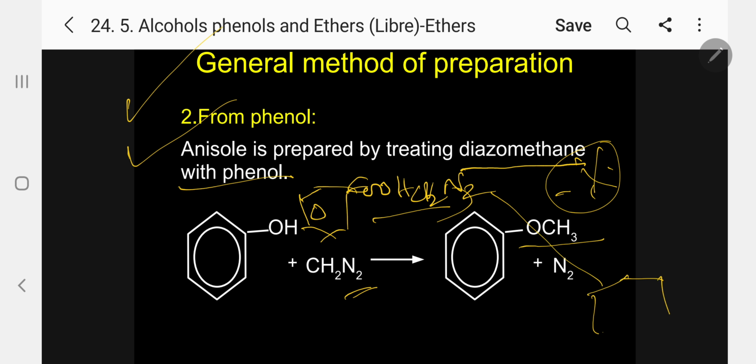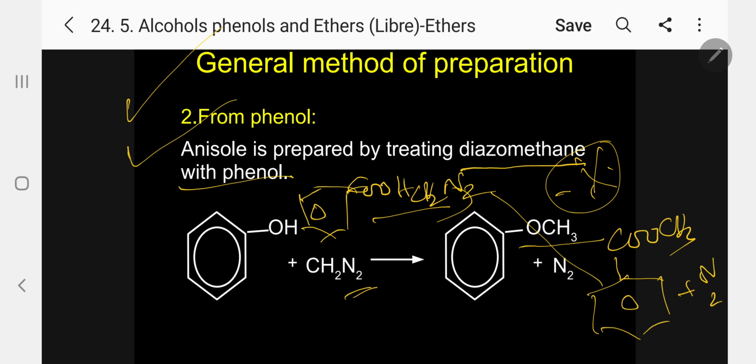It will be converted into COOCH3, that means methyl benzoate, and N2 will be liberated. So the advantage of diazomethane is that any acidic hydrogen present in the aromatic compound, that is phenolic or carboxylic acid, will be converted into the corresponding methoxy group or ester group.